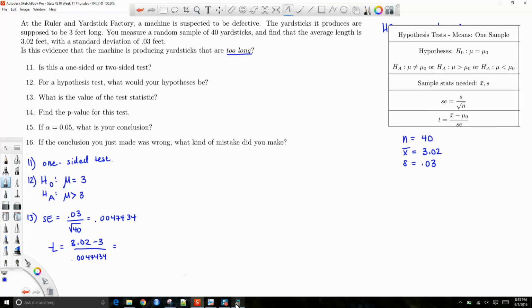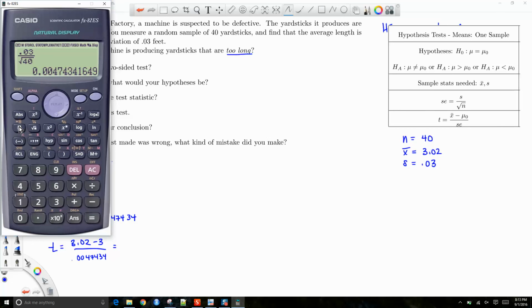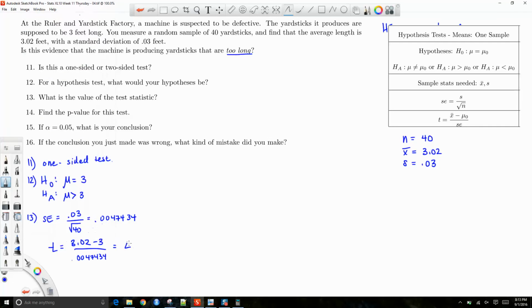We punch this in: 3.02 minus 3 divided by the standard error, answer and equal, and I get 4.216. So far, so good? Okay, we're going to look up our p-value now.